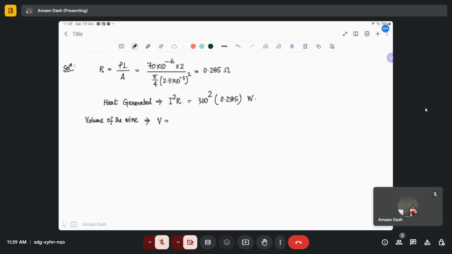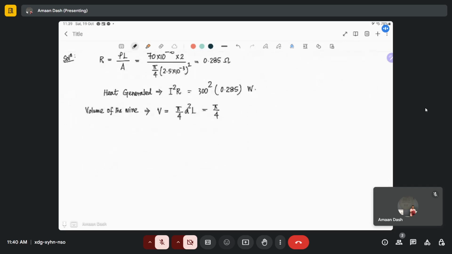So pi r square L or pi by 4 d square times L. So that is pi by 4 and d is again 2.5 mm. So 2.5 times 10 to the power minus 3 square times 2. So this is 9.81 times 10 to the power minus 6 meter cube.